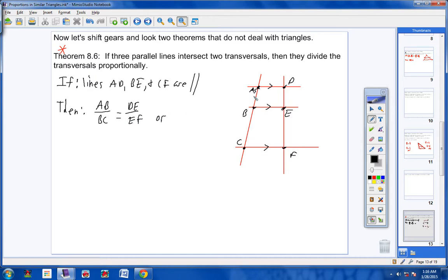Or I could say this segment over this segment, AB over DE equals BC over EF.